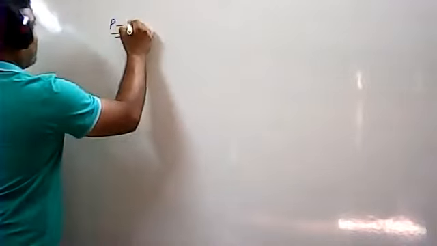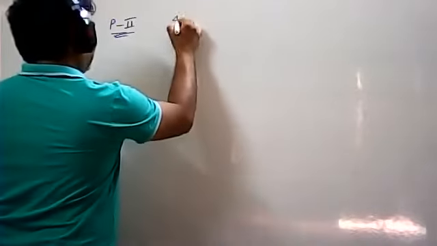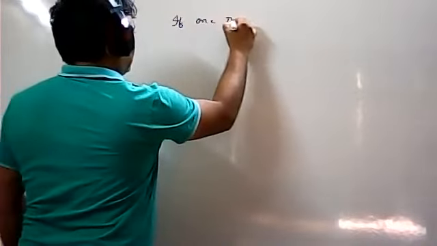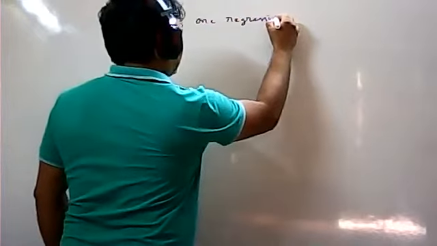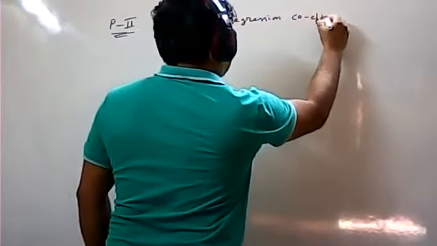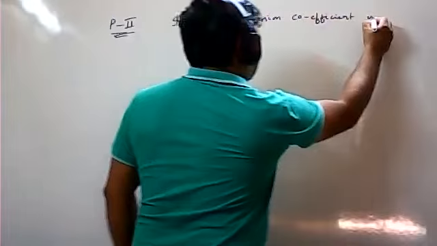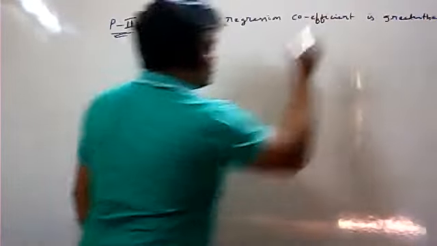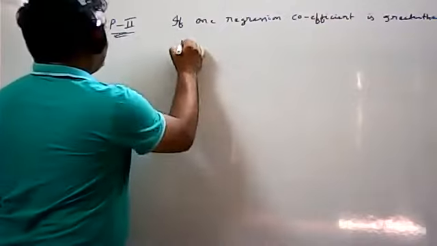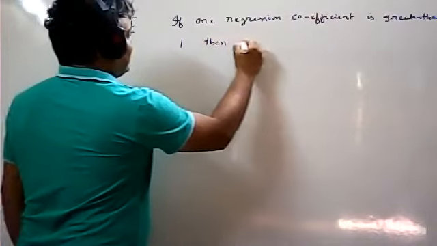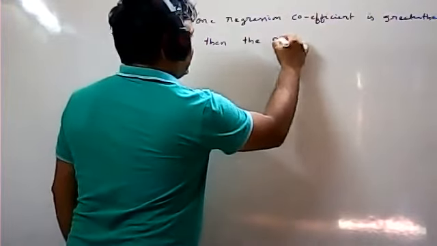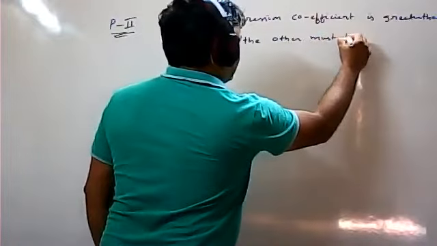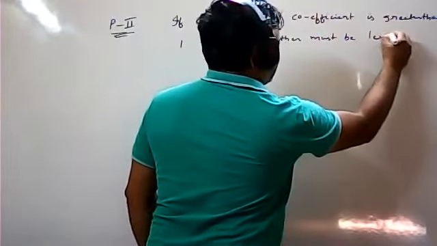Property number 2 states that if one regression coefficient is greater than 1, then the other must be less than 1.